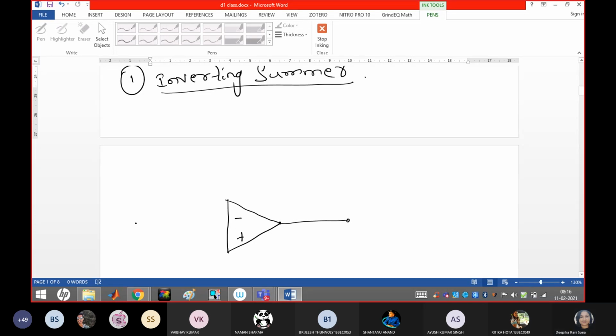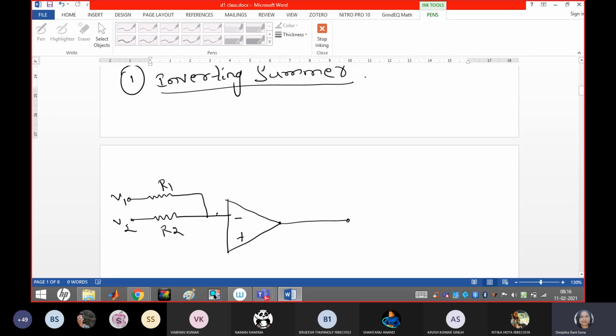Suppose we have applied two different input voltages here. It is V1, it is V2. As per V1 it is R1, as per V2 it is R2.